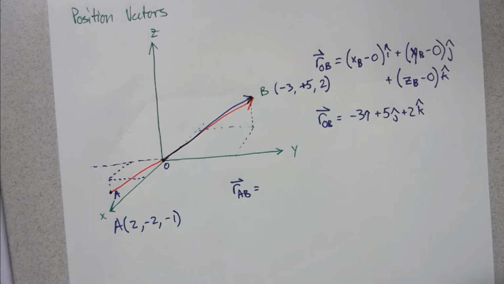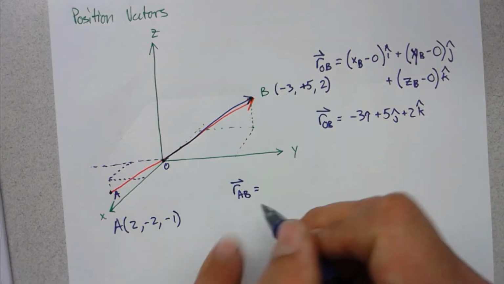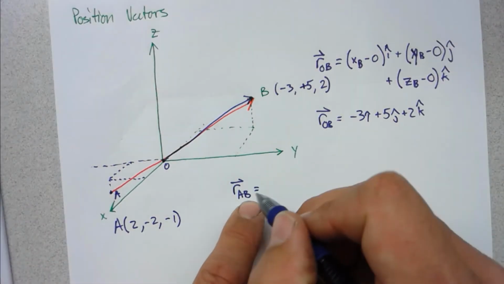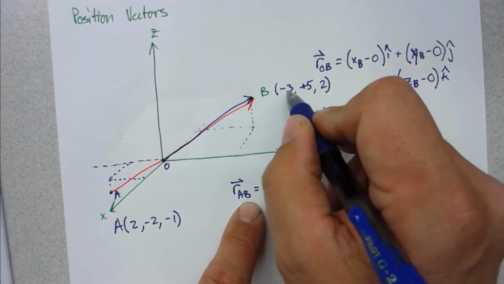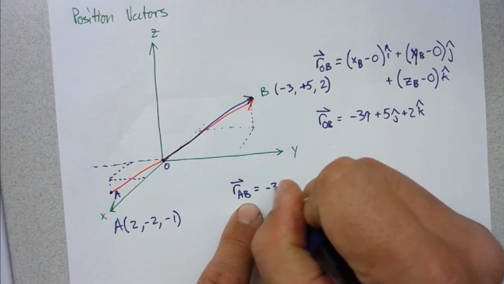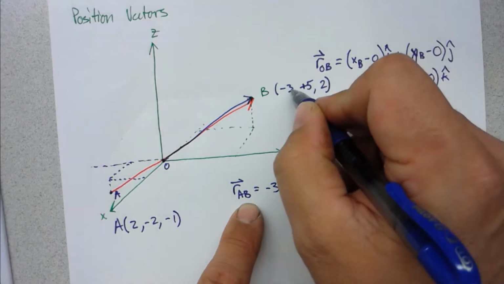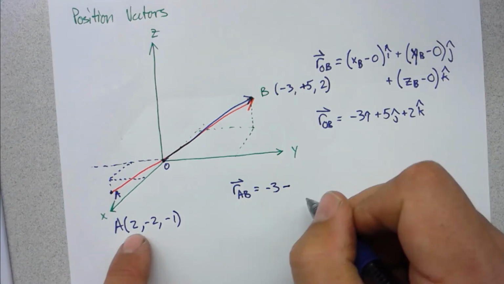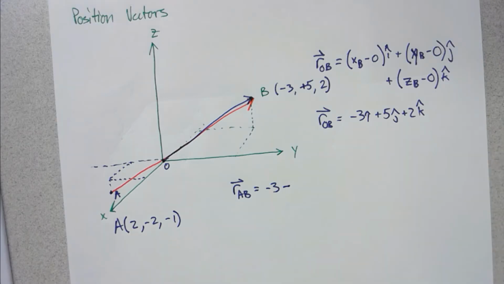So again, R, A to B, I'm ending at B, so I'm going to take the value of B, which is -3, and I'm going to subtract the value of A. Did I just mess this up? Should make it -2 and +2. Nope, I'm good.